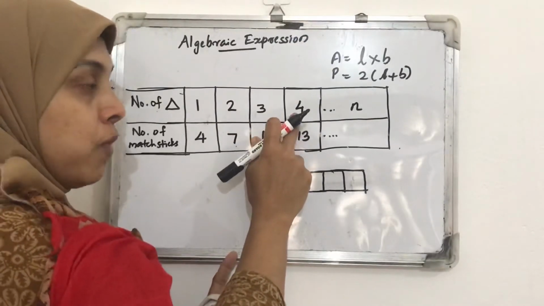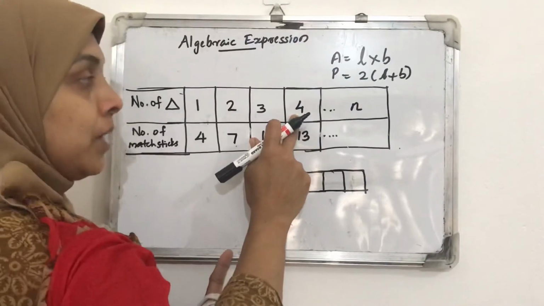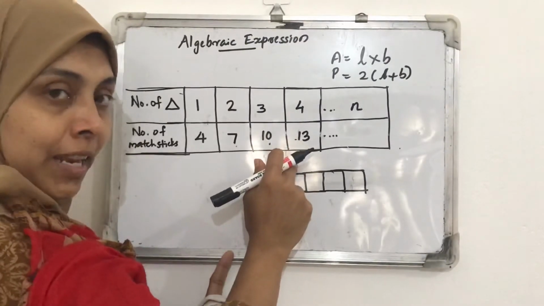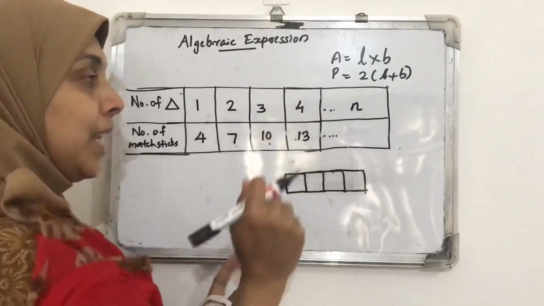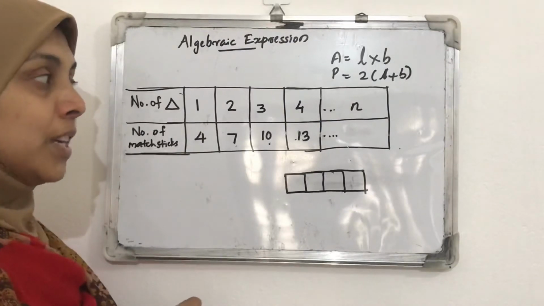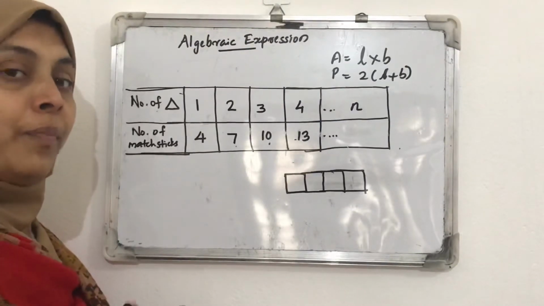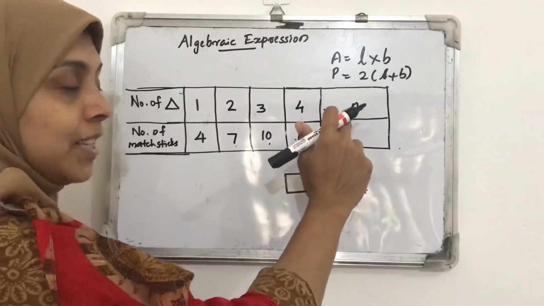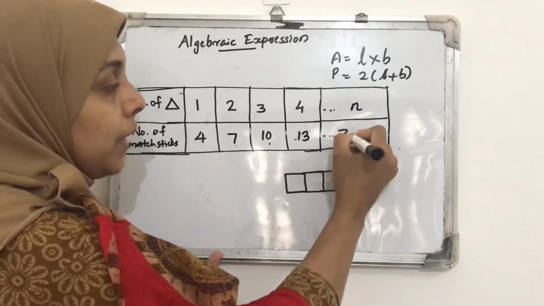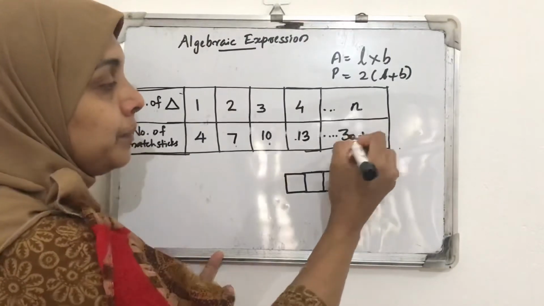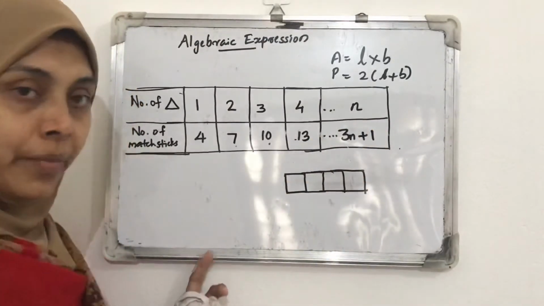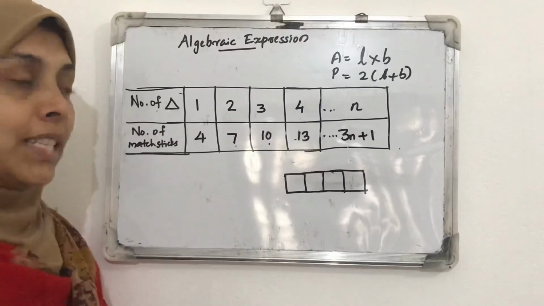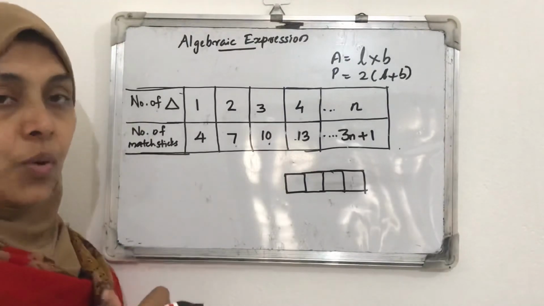Just like 4 into 3, 12, 12 plus 1 is 13. So for forming n squares, we multiply 3 with this n. So it will be 3n plus 1. This way we can generalize equations.